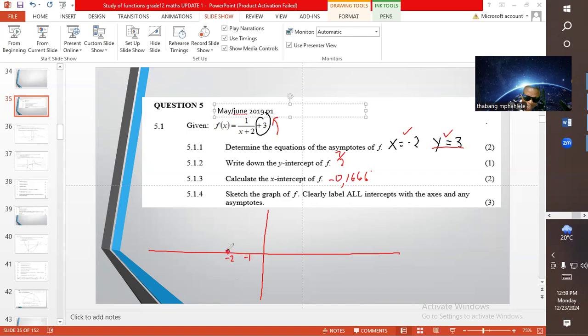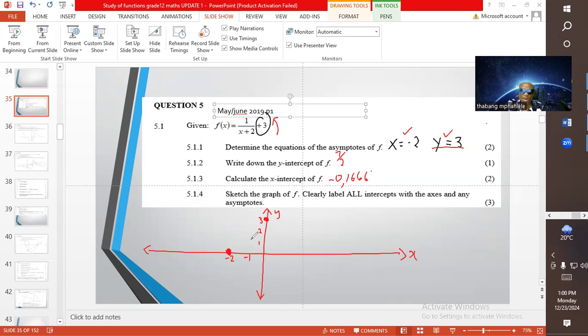The graph will cut the x-axis at negative 2. This is my x-axis. This is my y-axis. So what is my y-intercept? 3. So I have to have 1, 2, 3. It will cut the y-axis here at 3.